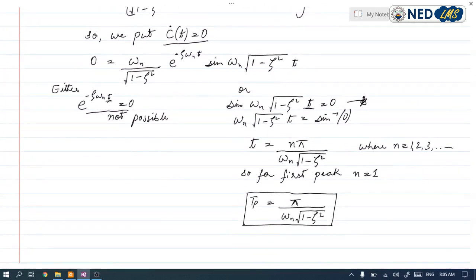Here we shift this time term to our right, and then we evaluate the value of t from this equation.